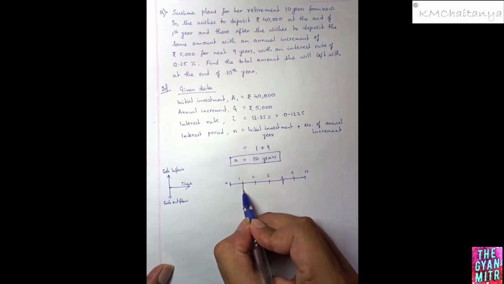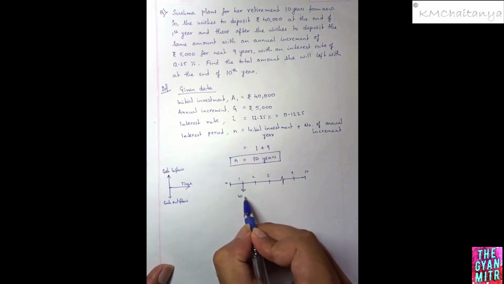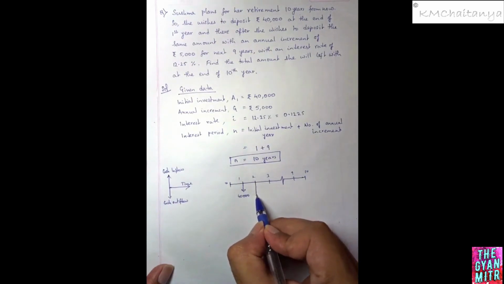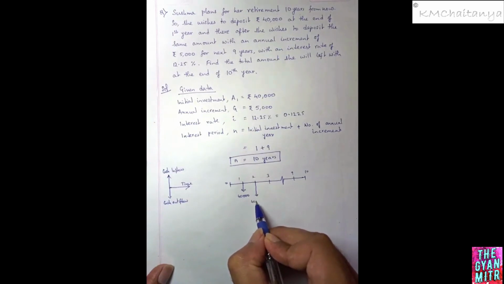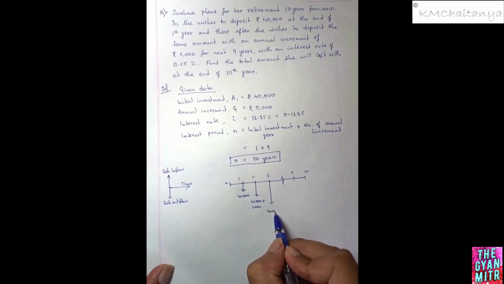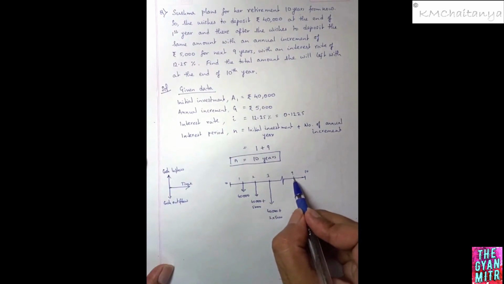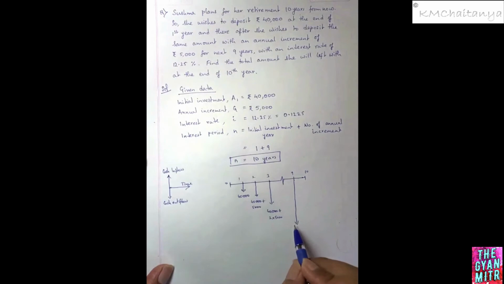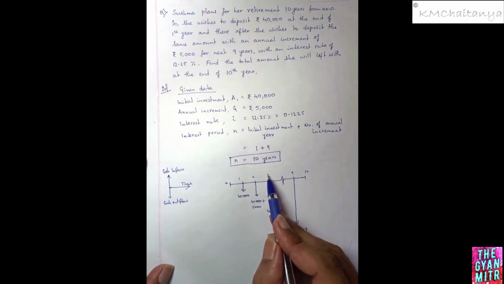So at the end of first year she is depositing 40,000. At the end of second year it will be 40,000 plus 5,000 increment. At the end of third year it is 40,000 plus 2 times the 5,000. At the end of ninth year, now I think you'll get an idea, it is 40,000 plus, so the term which you are going to multiply will be 1 less than the year which you are going to consider.